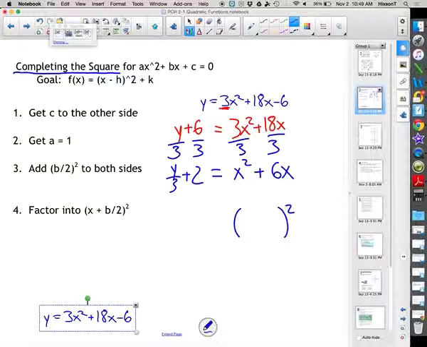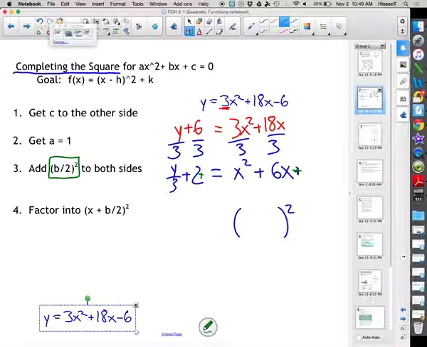So we need to add something, and if we add it there, we're going to have to add it over here as well. So, the question is, what do we add? That's where this right here comes in.